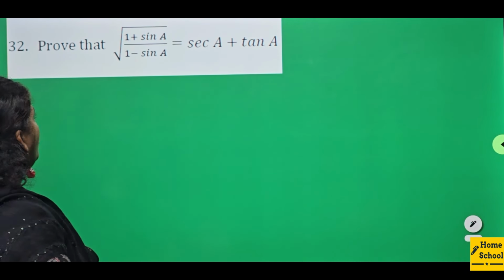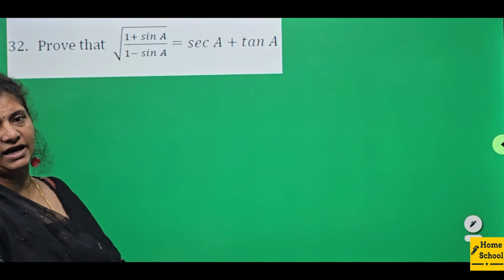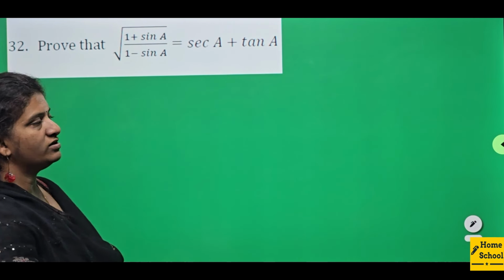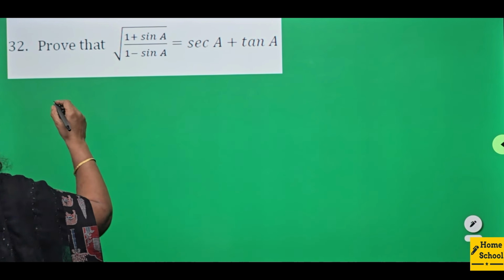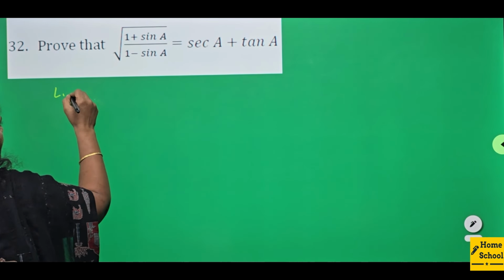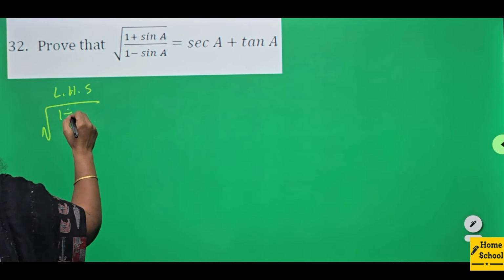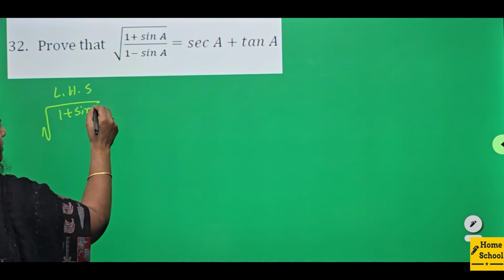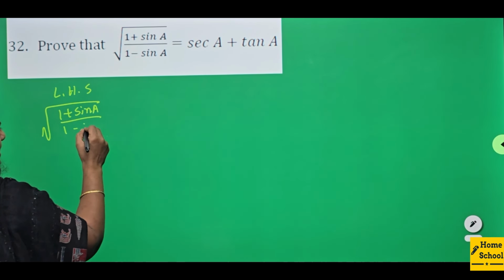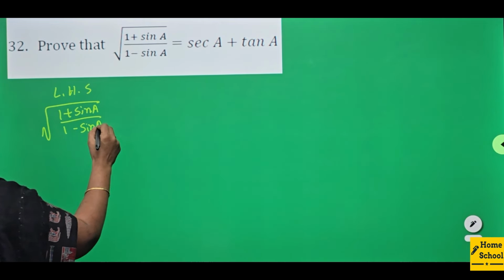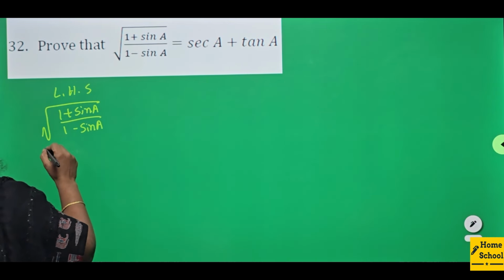32nd one, prove that square root of 1 plus sin A by 1 minus sin A is equal to secant A plus tan A. Now first let me consider the left hand side. Square root of 1 plus sin A by 1 minus sin A. How to do this one?